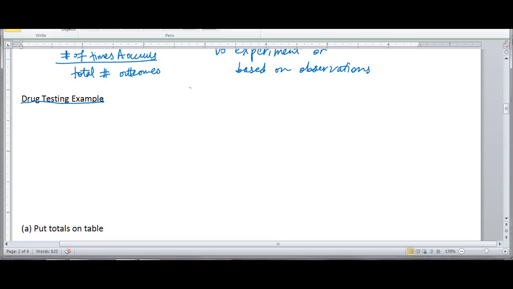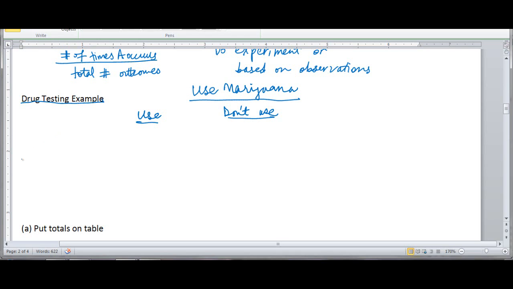Alright, so let's suppose that somehow we know whether someone is using marijuana. So we have either they use or they don't use.